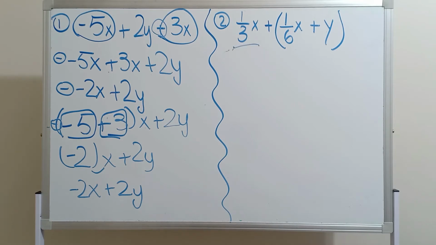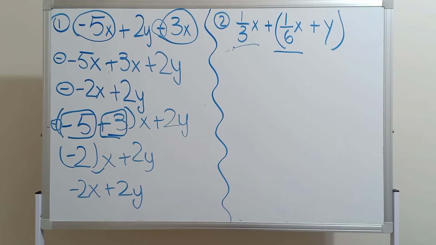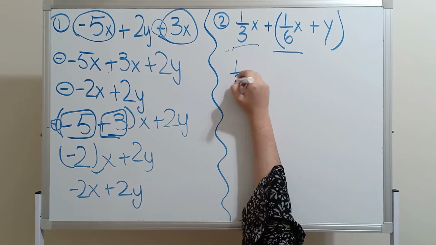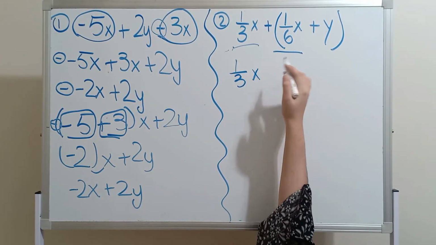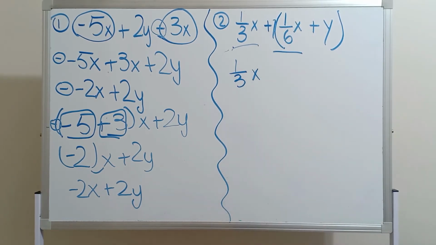There are two like terms here, negative 1/3 x and positive 1/6 x. First, let's bring those numbers out of the bracket. So it is 1/3 x plus 1. We know there is always a 1 here.